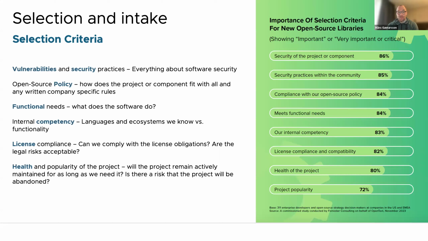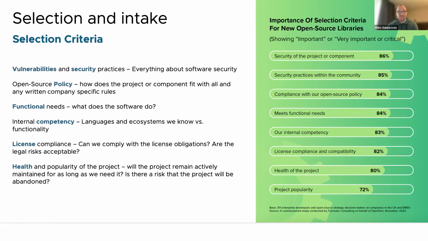The next criterion was functional needs, not very complicated. What does the software do? What problems does it solve? How does it fit us technically? How does it perform, etc. Next is internal competency, which is our company's technical know-how in this particular technology, programming language, or environment.